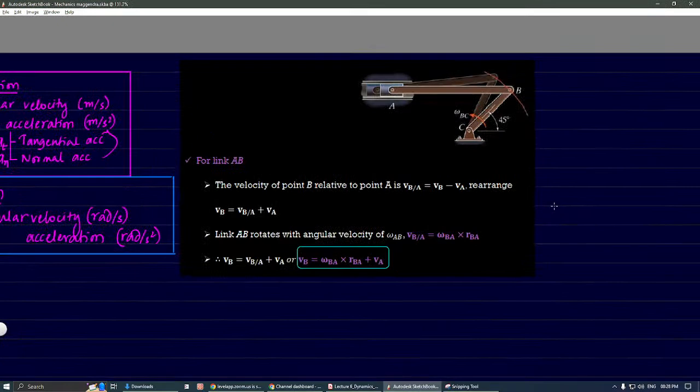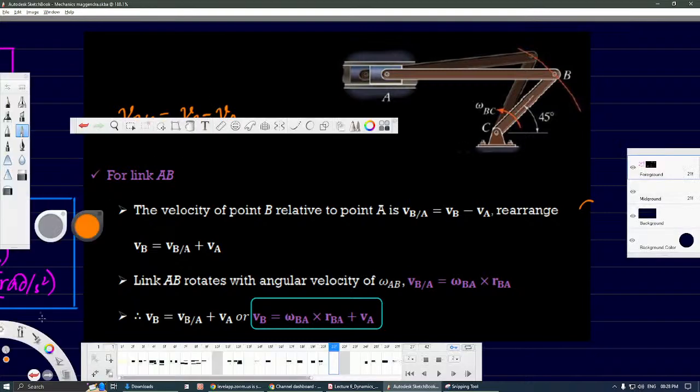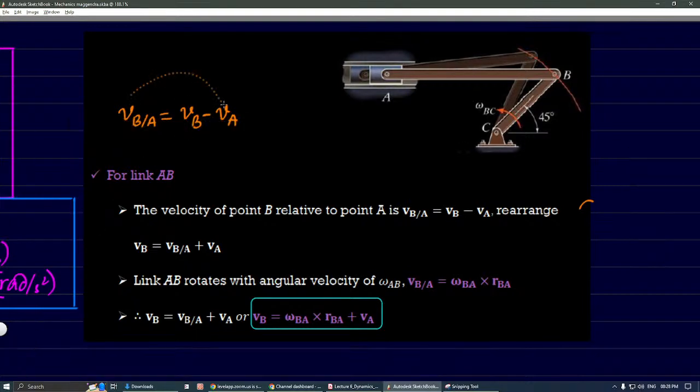So here we are interested in velocity of B with respect to A. This is equal to velocity of B minus velocity of A. Correct. So if we send this to the other side with positive, what happens? Velocity of B equals velocity of B with respect to A plus velocity of A. So that's what he has written here.